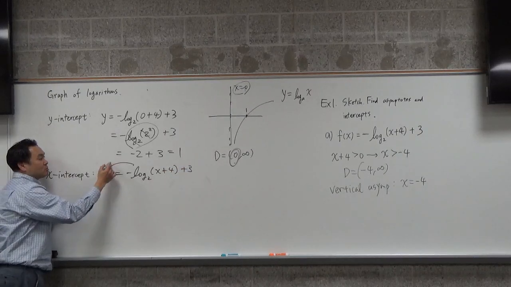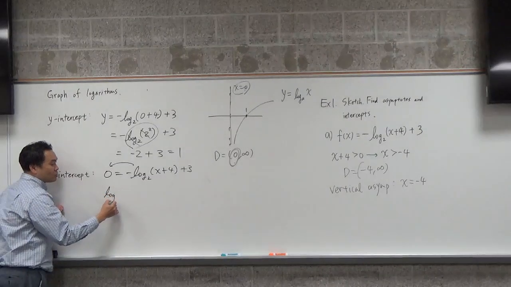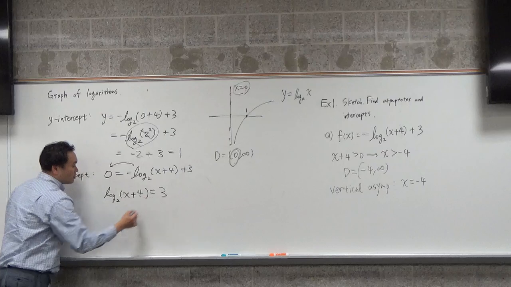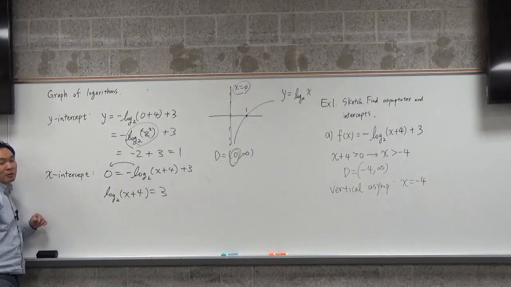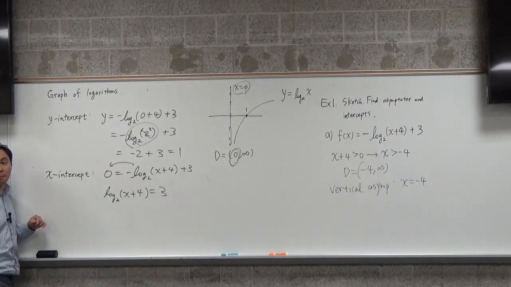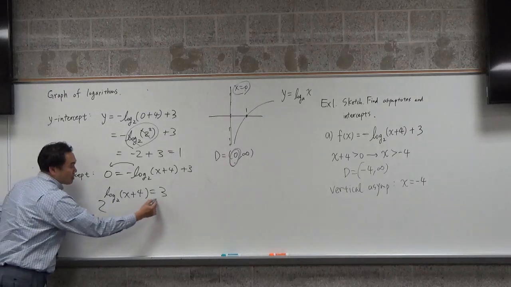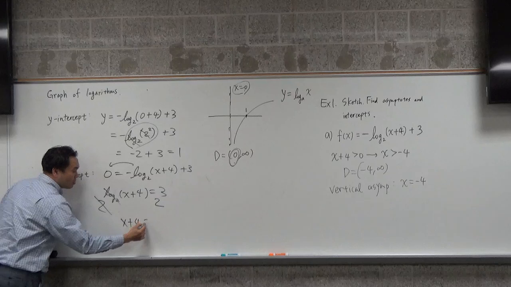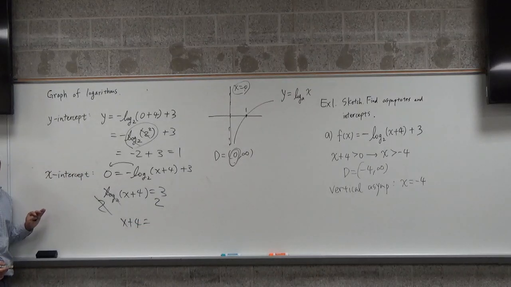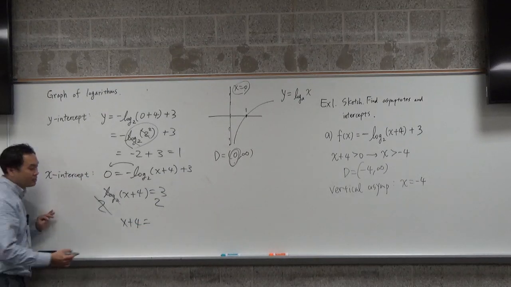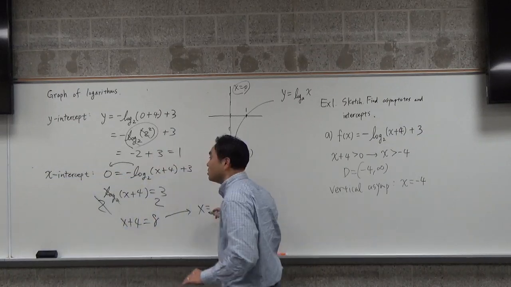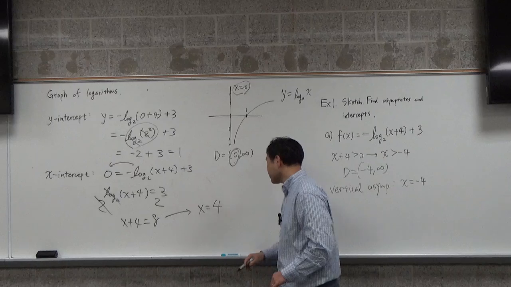Now let's move this to the left side so that log base 2 of x plus 4 is equal to 3. Now you have to get rid of log base 2. How do you do that? Raise both sides by 2, it cancels, and you get x plus 4 equal to, what's 2 to the third power? 8. So you subtract 4 from both sides and you get x equals 4.